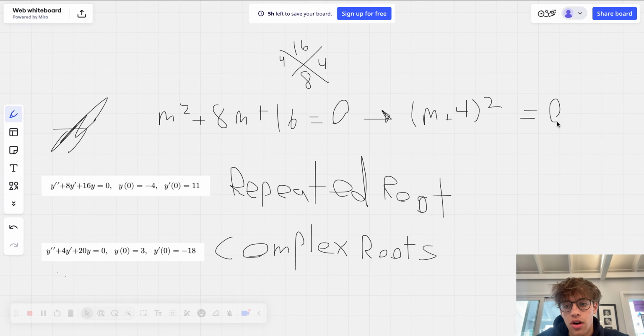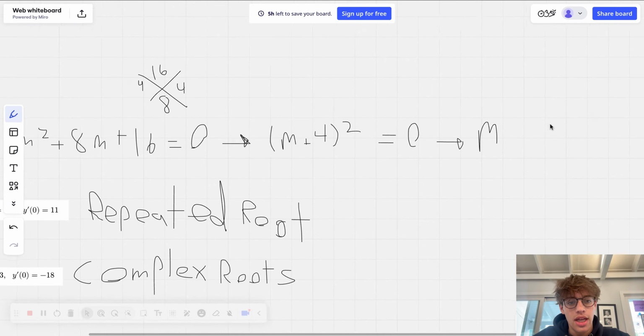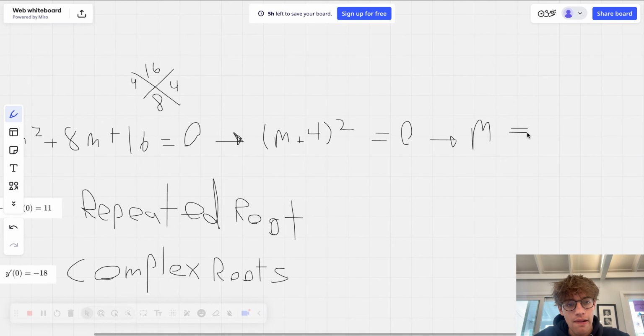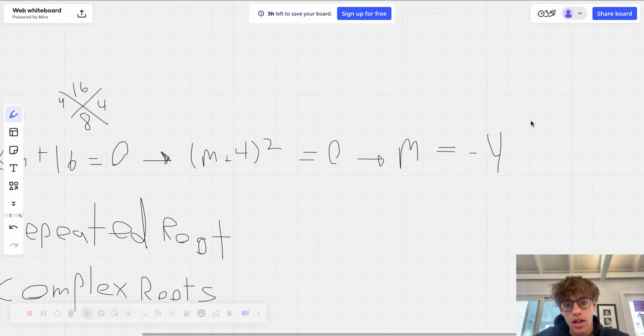Solving for this, our only root is -4, and it's repeated.